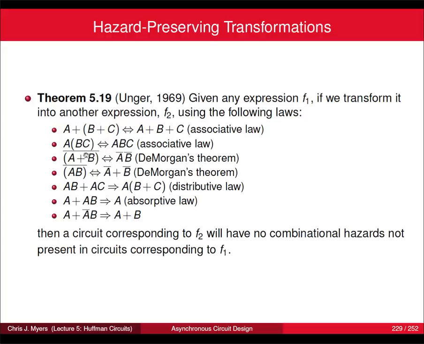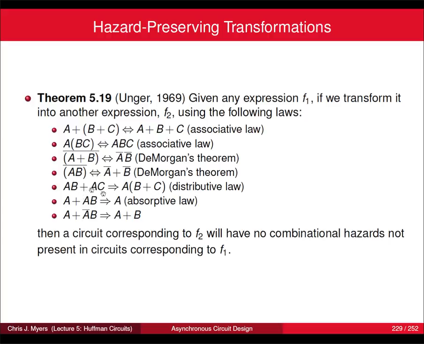This is taking, I guess, a NOR and converting it to inverted inputs in an AND. And similarly, if you take a NAND and convert it into an OR with inverted inputs, or vice versa, in both of these cases you can exchange the gate complementing as you go, and that's also hazard preserving.